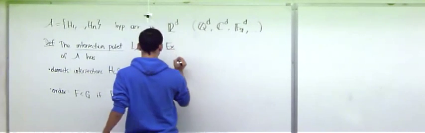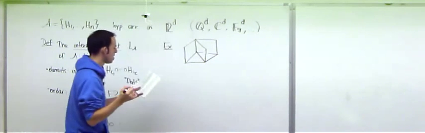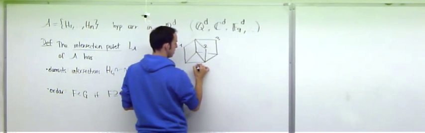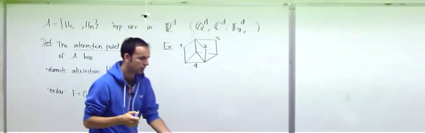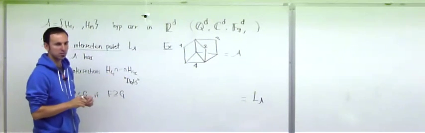Okay. So let's do an example of this. So let's say that we have this arrangement. And this is hyperplane 1, 2, 3, and 4. So this is the arrangement. And so what we're going to do is consider all the possible intersections of these things.